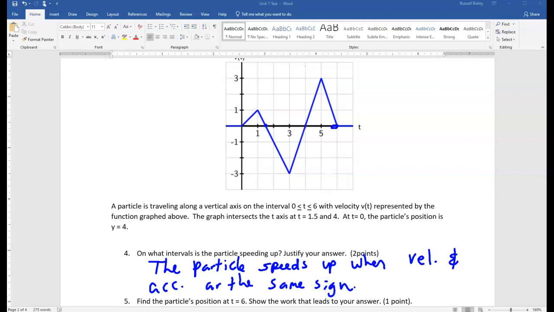Okay, so now I'm going to highlight some stuff here. This is a graph of velocity. So anytime it's above the x-axis, velocity is positive.